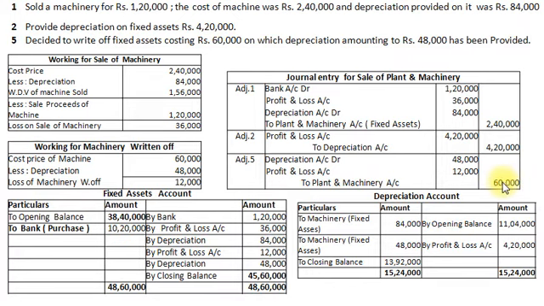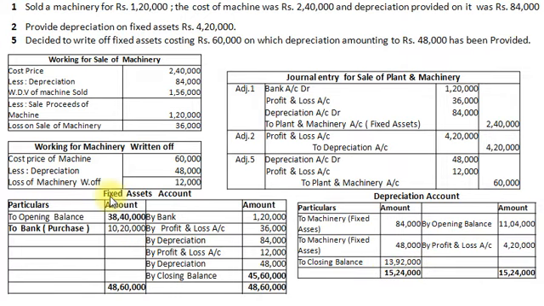Now let us make posting. So machinery account credit side by profit and loss account 12,000, by depreciation account 48,000, and depreciation account debit side to machinery account rupees 48,000. Now we will close depreciation account and it will tally with rupees 15,24,000.